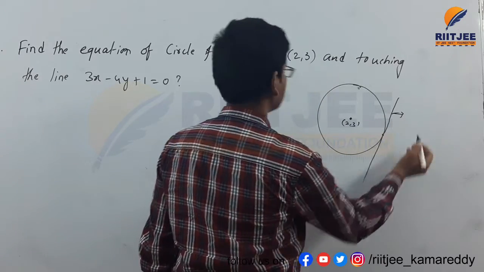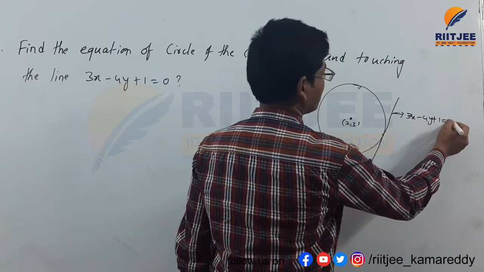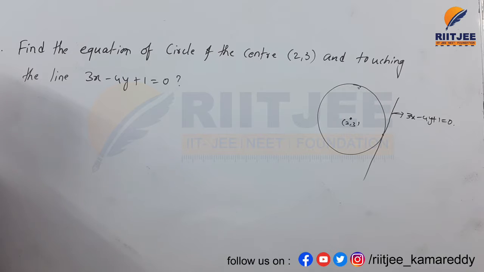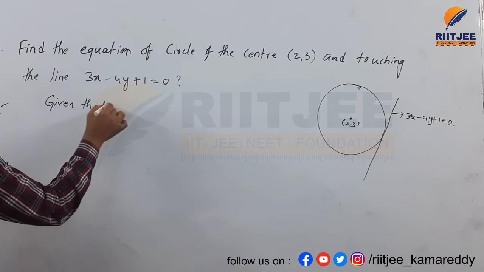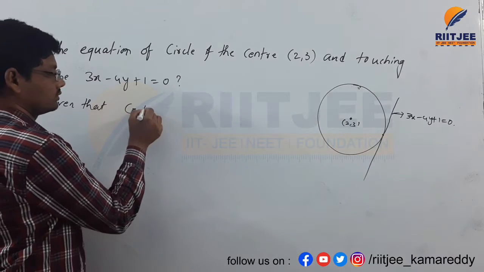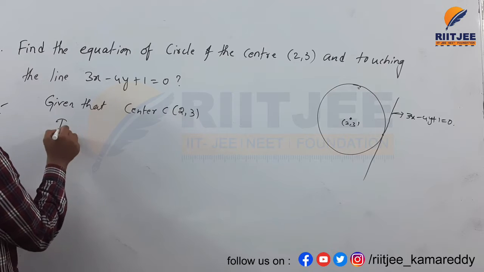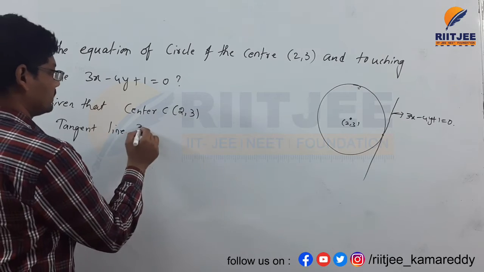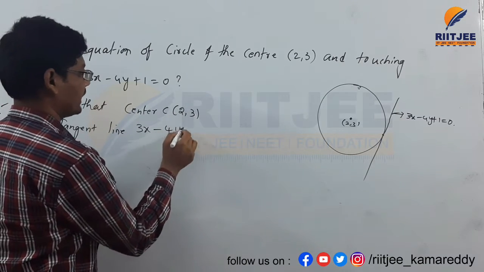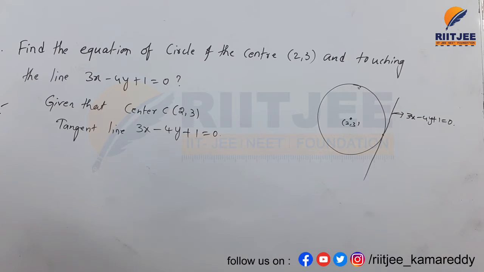The line equation is 3x minus 4y plus 1 is equal to 0, and the solution for this problem is: given center C is (2, 3) and tangent line 3x minus 4y plus 1 is equal to 0, and we need to find the equation of circle.